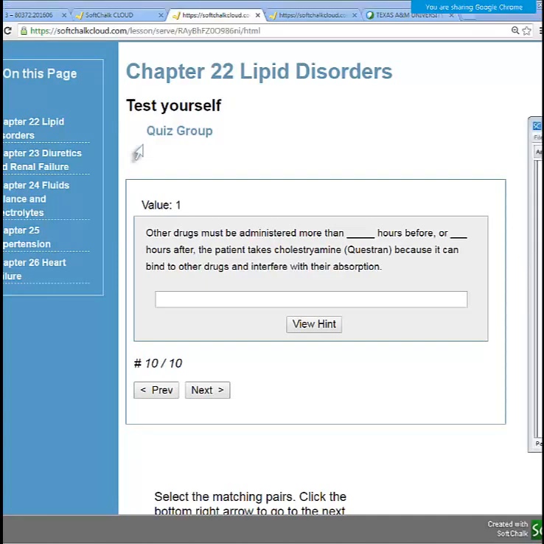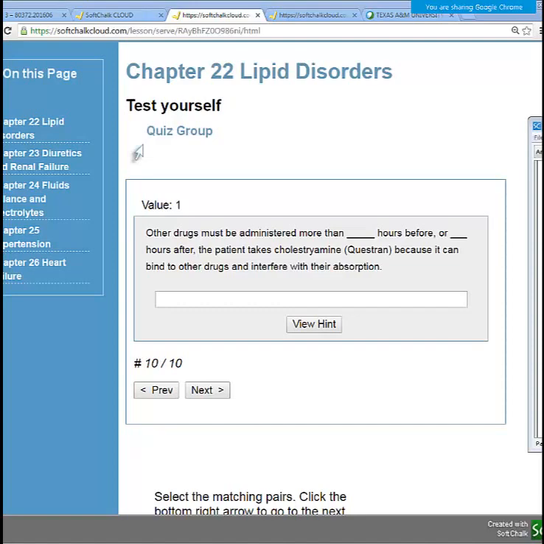Cholestyramine they drink in water, and it gets in the intestine and it binds the bile, which holds the cholesterol. That's kind of a real easy way to look at it. You drink it and it binds the cholesterol in your intestine, and then you poop it out. You know, they excrete it.